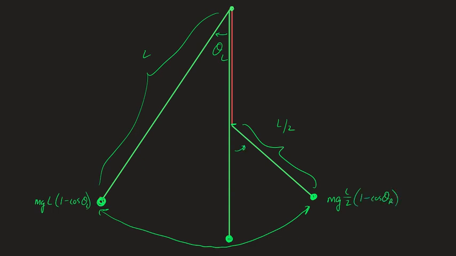So this is theta on the right. The 2 thetas will be different. They have to be. The theta on the right has to be bigger than the theta on the left to compensate for the fact that the length is different. So that's the first thing I want you to recognize.